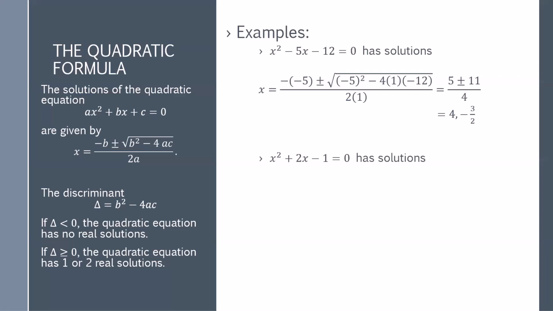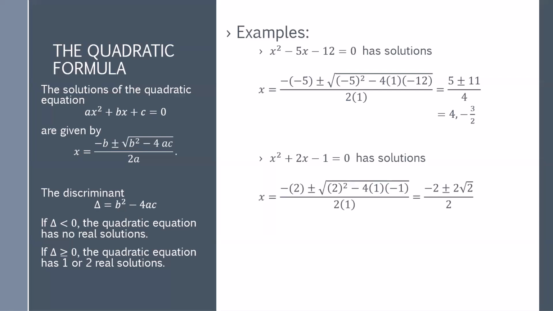Another example, x squared plus 2x minus 1 equals 0 has some solutions. Unfortunately, two numbers that multiply to negative 1 and add to 2 are difficult to find. So again, we use the quadratic formula.